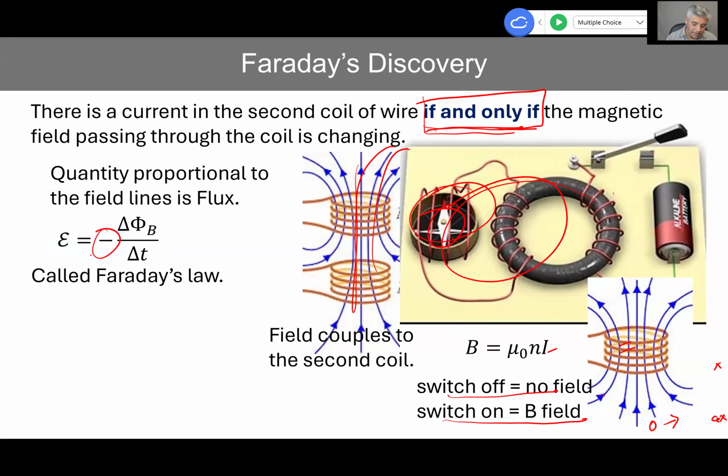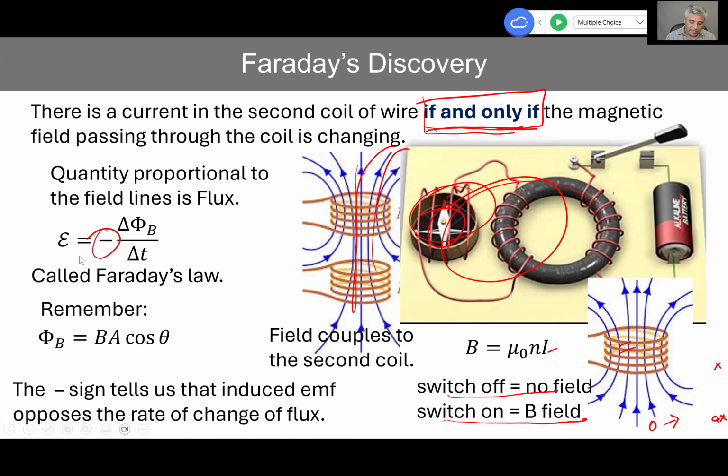So negative sign simply says that it opposes the change. We'll talk about that. That's what Lenz's law is about. So flux is given by that equation, and negative sign simply says that the induced EMF opposes the rate of change of flux, just like I was saying. So when does the flux change?